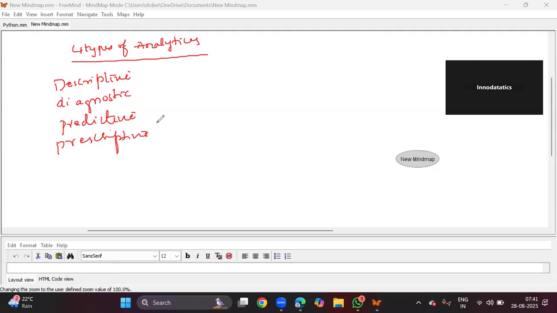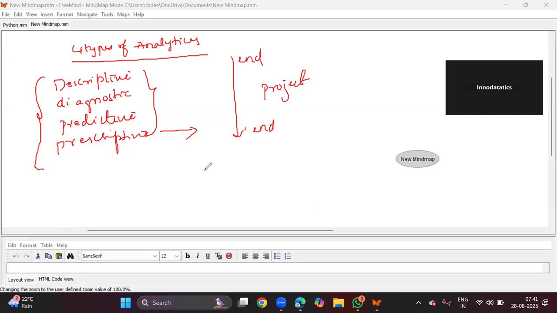So by the time we complete these four stages of analytics, we will be completing one end-to-end project. It will be an end-to-end completion of the project. It means that when we are talking about the procedure to complete a project, we will be going through these four phases, which is D square, P square, order is important.